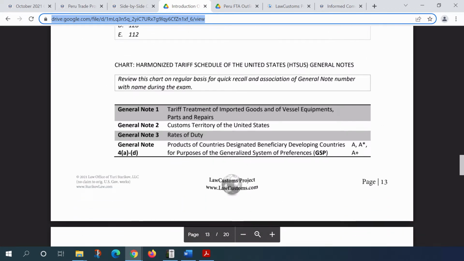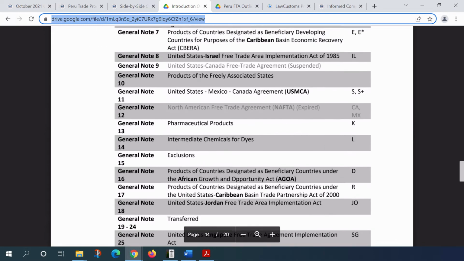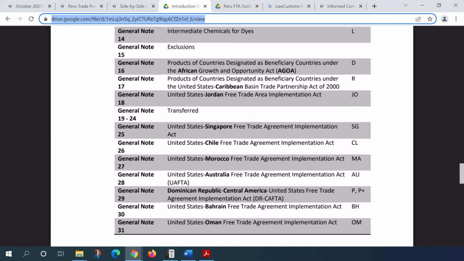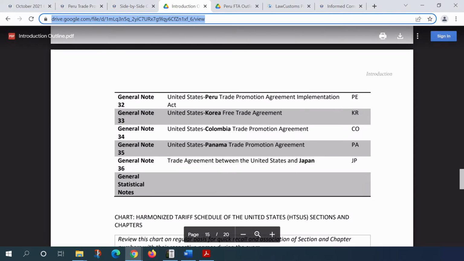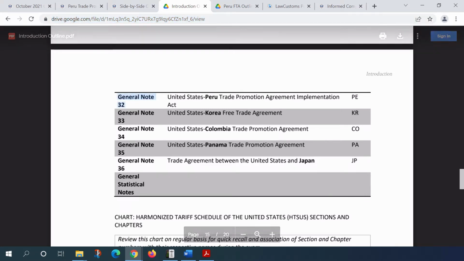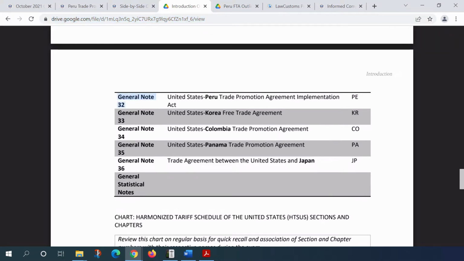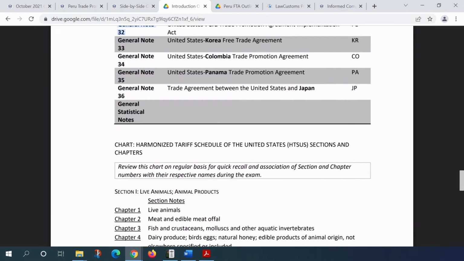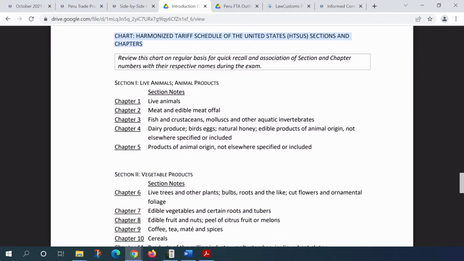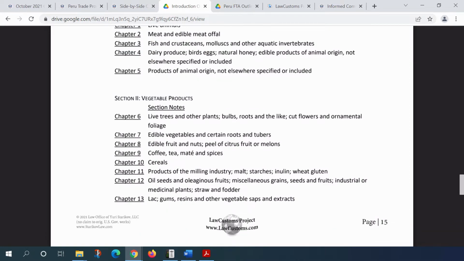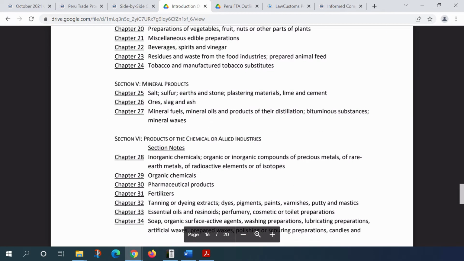This is the chart of HTS-US that deals with general notes. And of course, if you review it, you would know that general note 32 is responsive to the question. And the HTS-US will ask you to associate chapters with particular commodities.